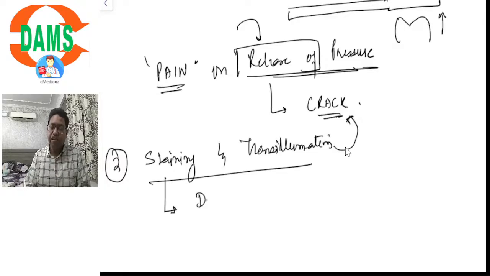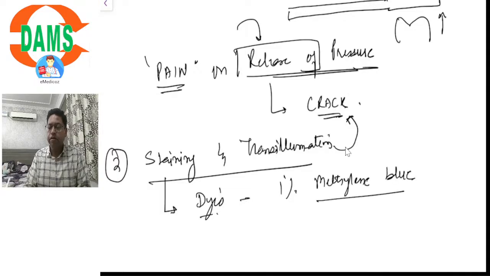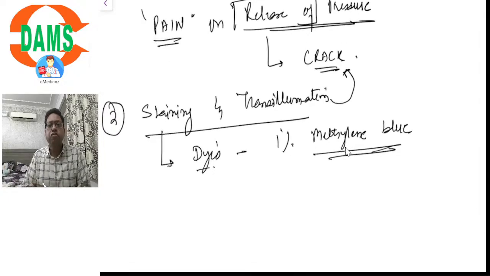We can use dyes for that. That is 1% methylene blue dye. We wash the tooth with methylene blue dye, leave it for a couple of seconds, and then rinse it off. This dye would be taken up by the crack and it would be visible clinically.